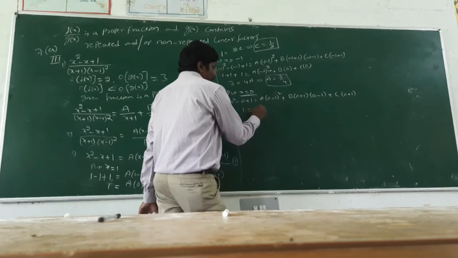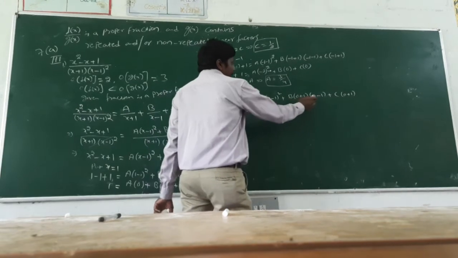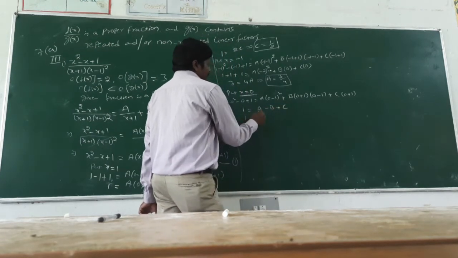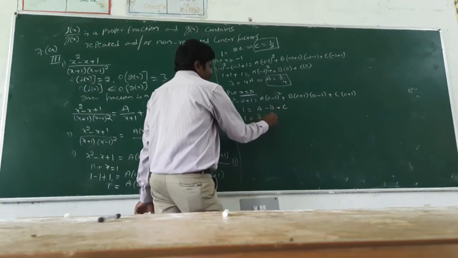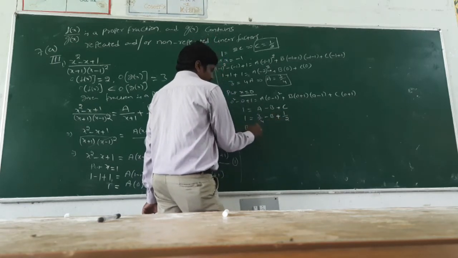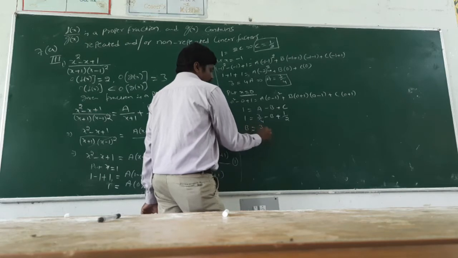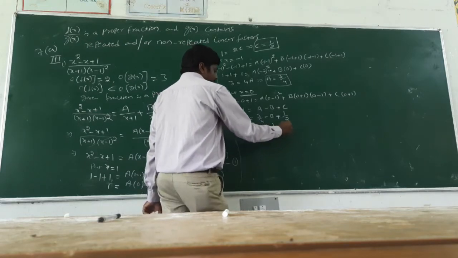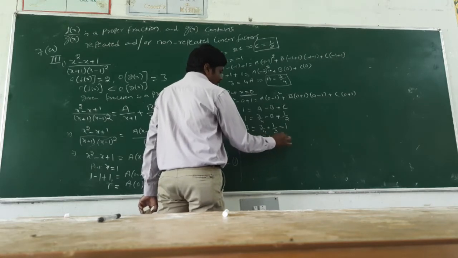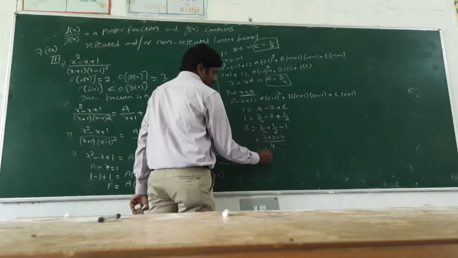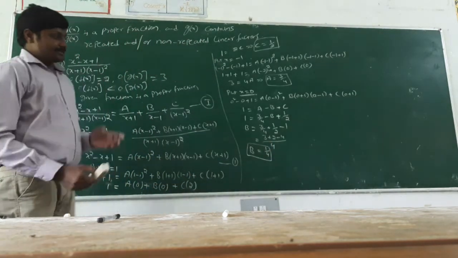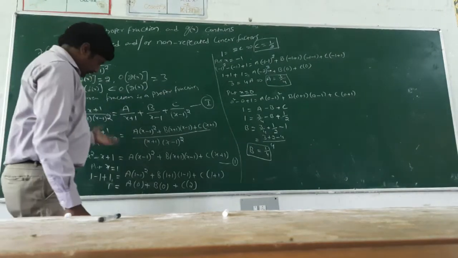Okay, 1 is equal to a minus b plus c. 1 is equal to a value 3 by 4 minus b plus c value 1 by 2. Here b is equal to 3 by 4 plus 1 by 2 minus 1. The LCM is 4 only: 3 plus 2 minus 4. The value is 1 by 4. So b is equal to 1 by 4.